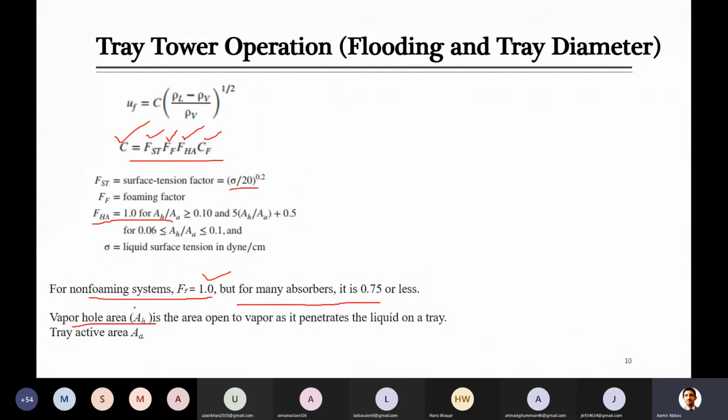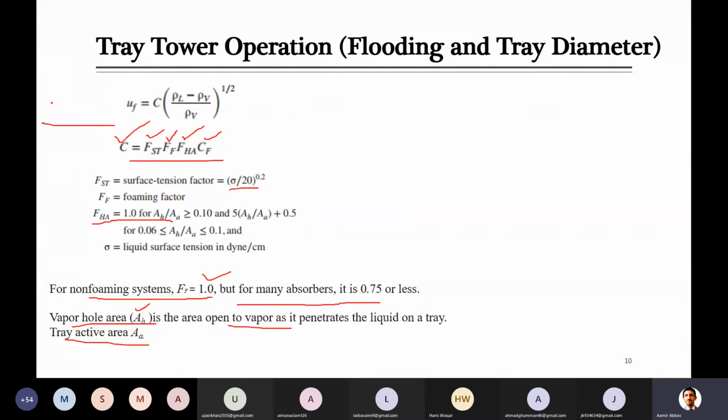The vapor hole area is called AH. On the surface of any tray, the complete tray does not have holes. There is some portion dedicated to the holes, the area open to the vapor through which it comes in contact with the liquid on the surface of the tray. And this is the overall tray active area.